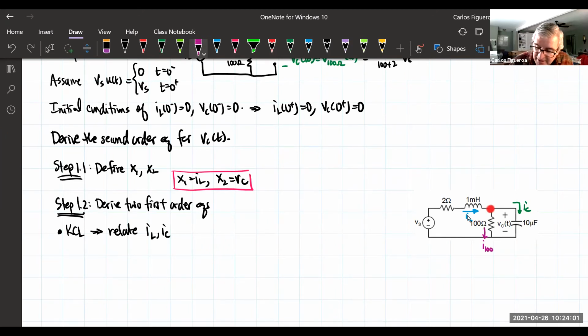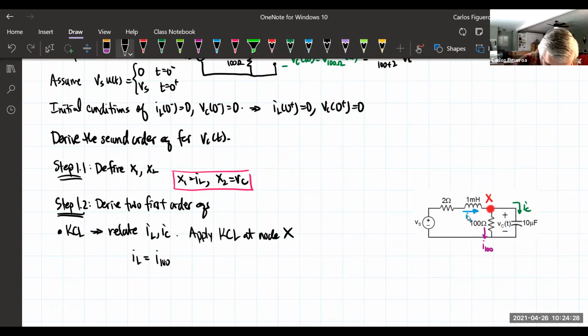Applying KCL at that red node, let's call it node X, I could see right away that IL has to be I100 plus IC.